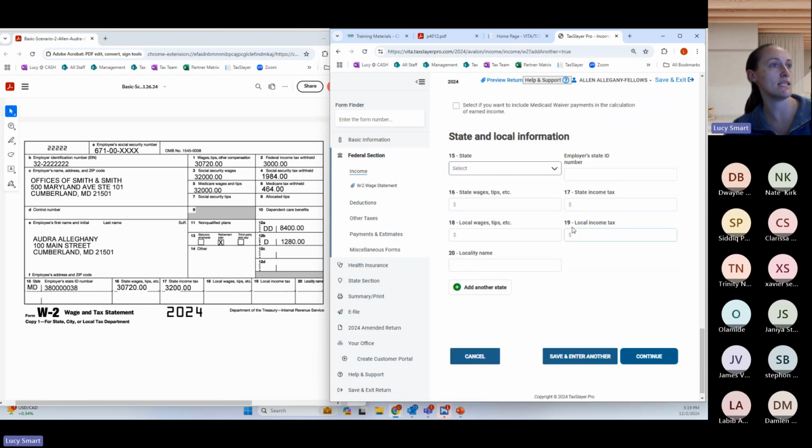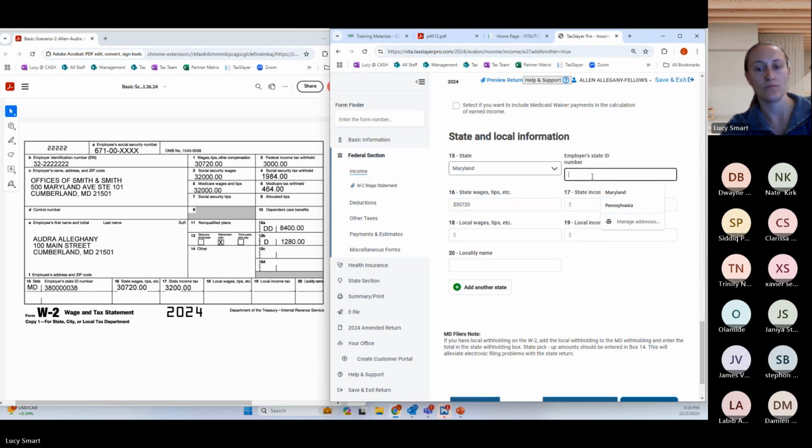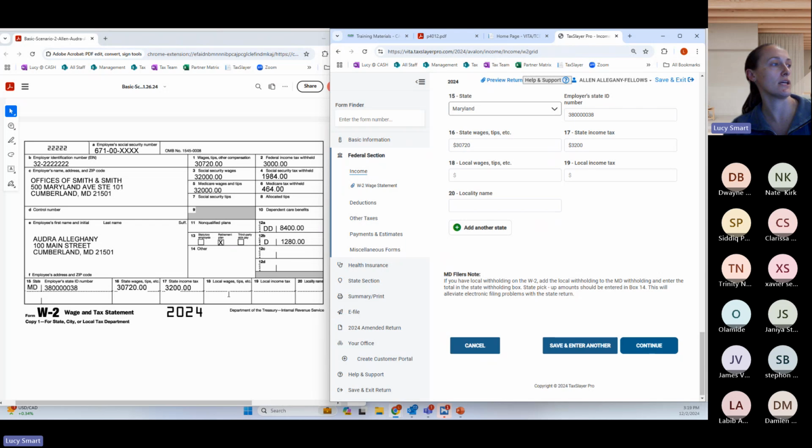Nothing in box 14, but we do have to enter our state information for Audra's W-2. $30,720 and then 3,200. That's our last W-2, so we'll click continue.